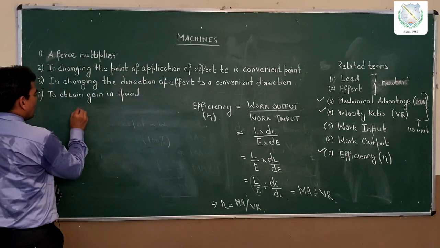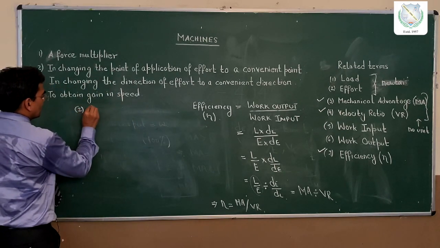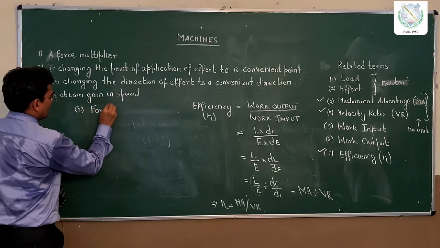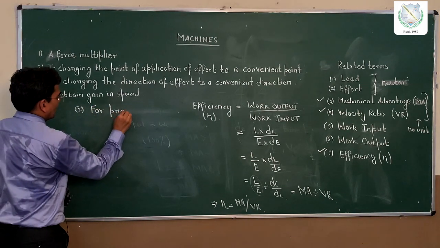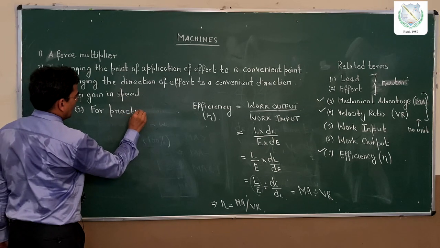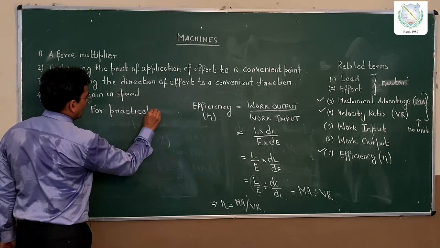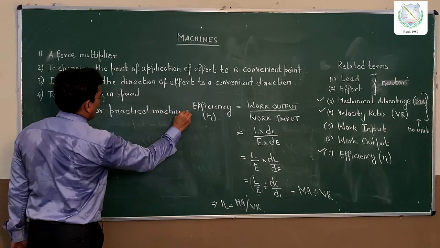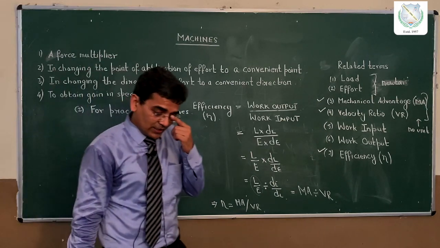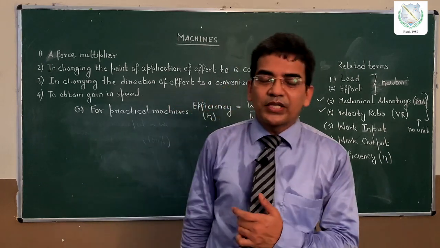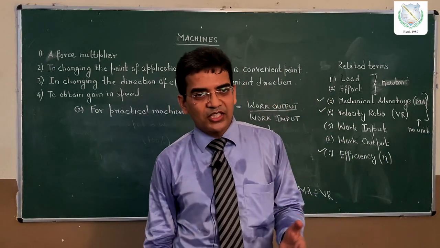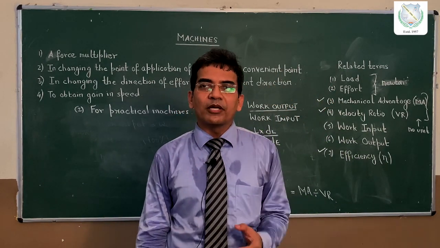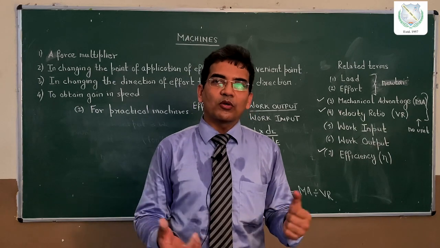Now let's see the second case. The second case is for practical machines. What are practical machines? The machines in which you will find friction, and the moving parts of the machine are not weightless.